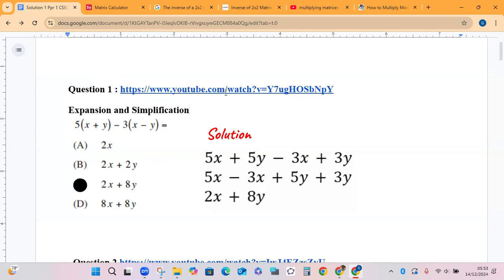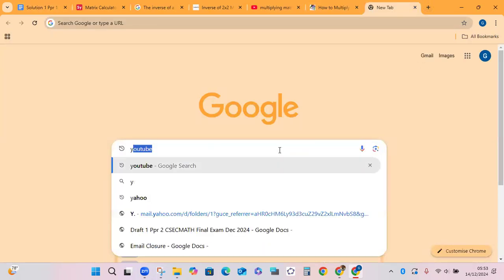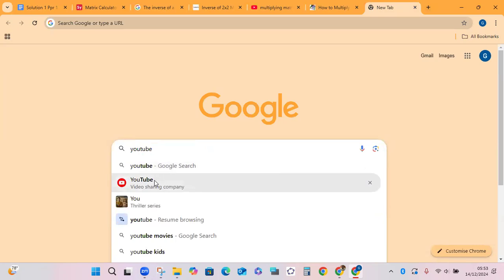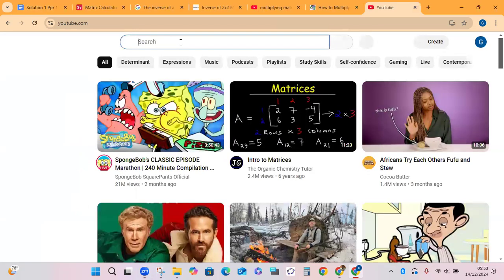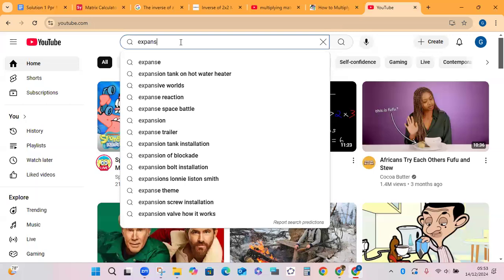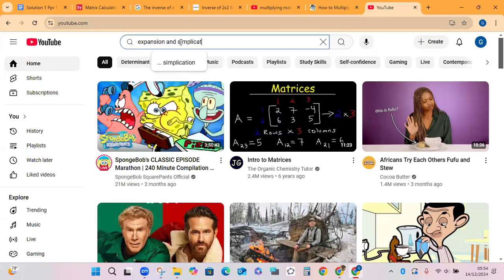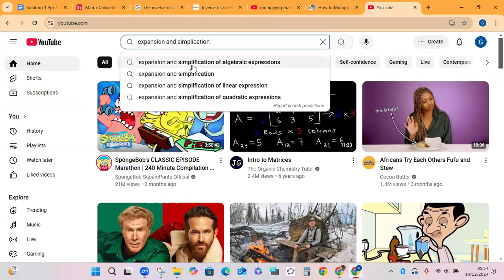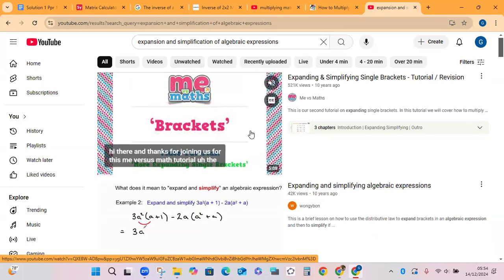All you do, you go to a new tab and you click YouTube, and search for expansion, simplification of algebraic expressions. And here you have some examples.